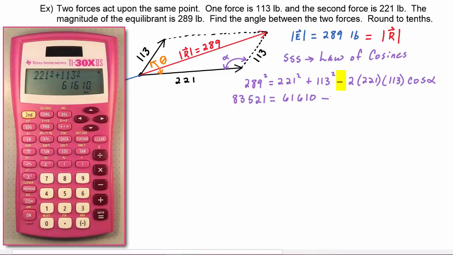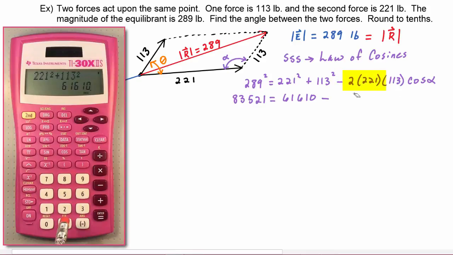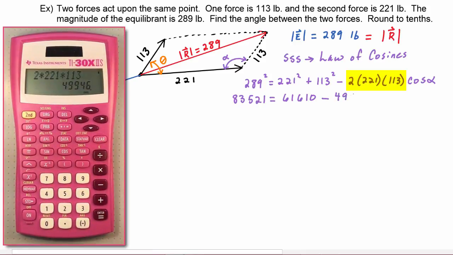We will subtract. Let's go ahead and do this product, 2 times 221 times 113, and we get 49,946. That has to multiply the cosine of alpha.